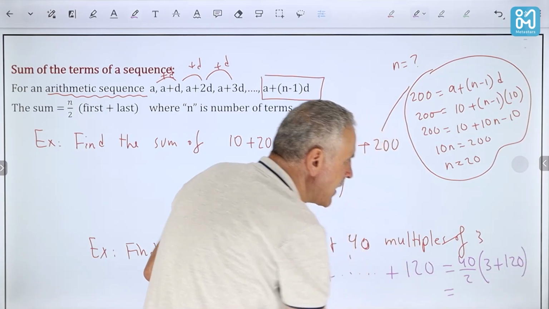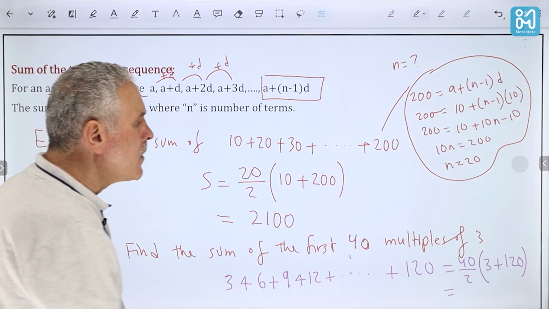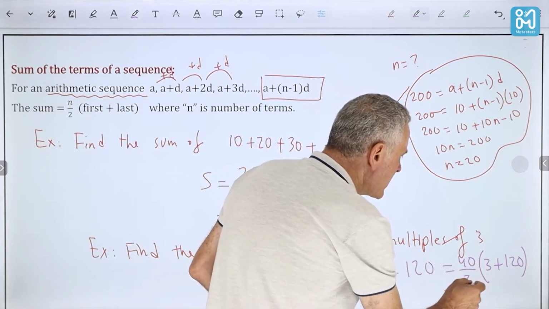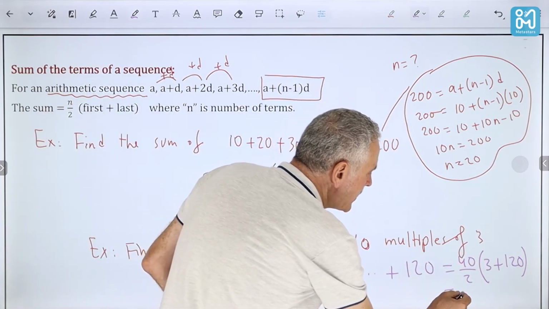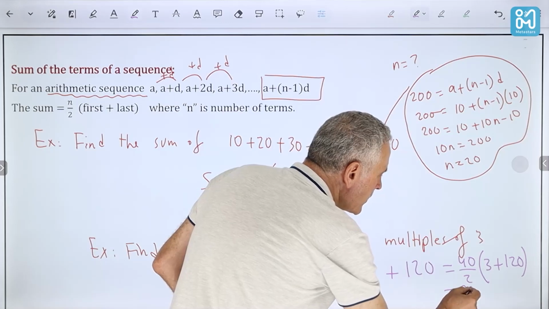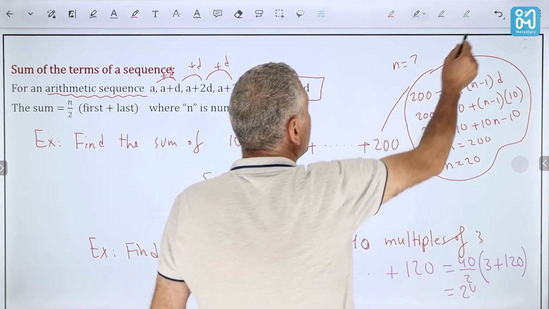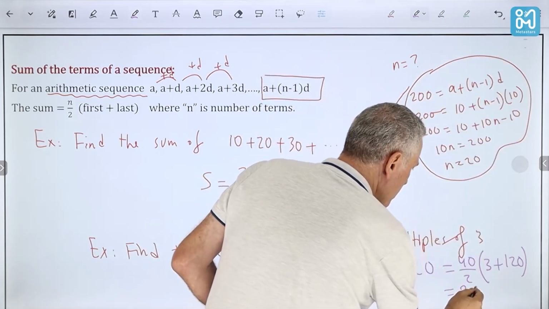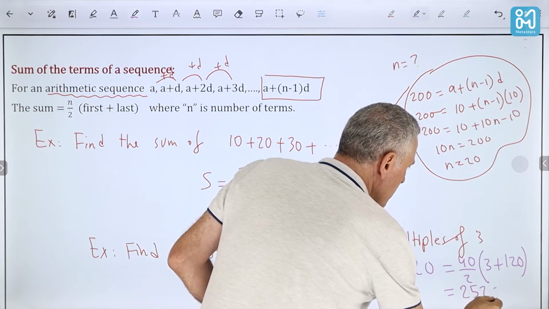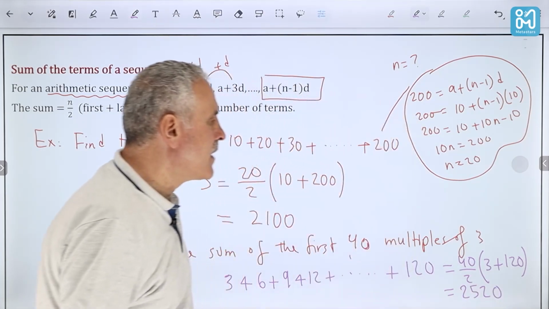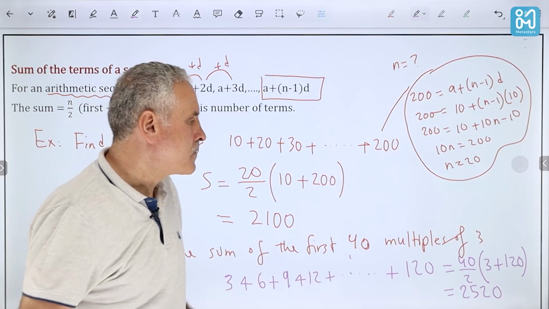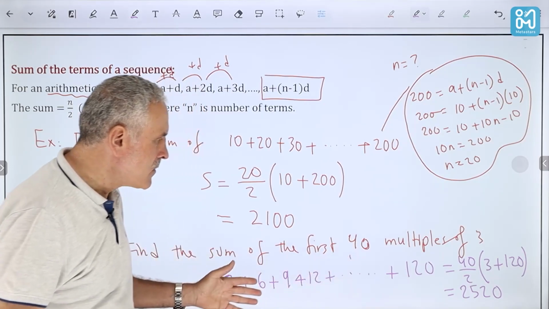And that's it. And that is 123 times 20, which gives 2,460.